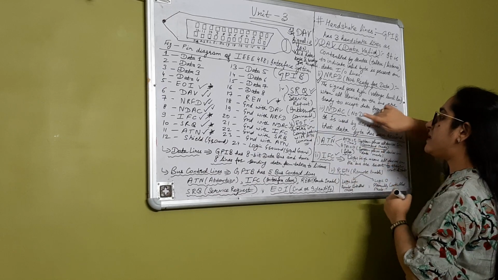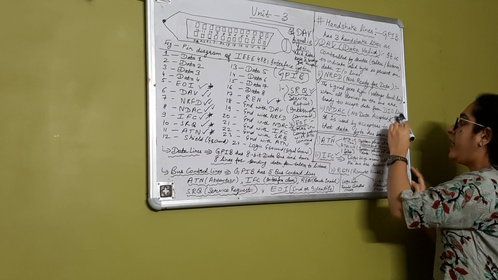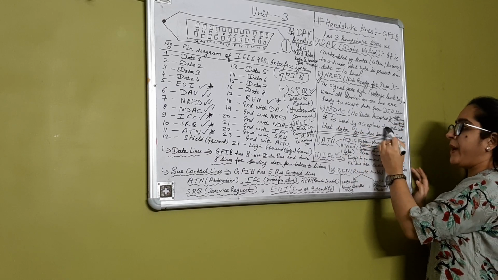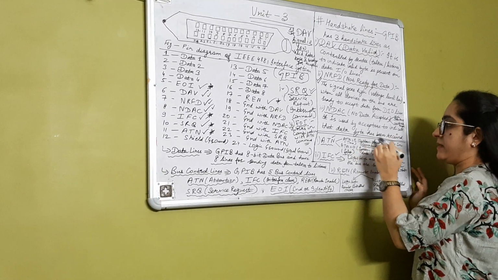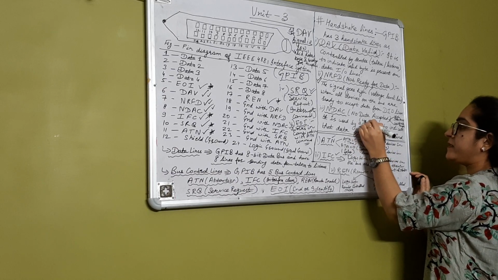Now the third is no data accepted. That means this command is used by the acceptors. Acceptors means, acceptors are what? Listeners.